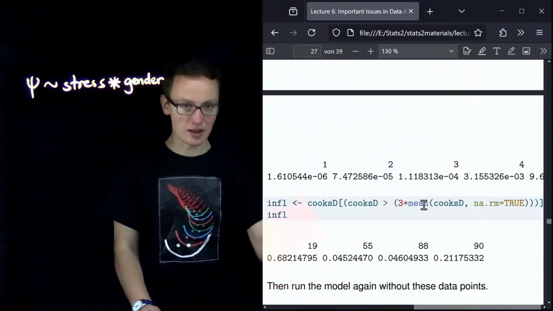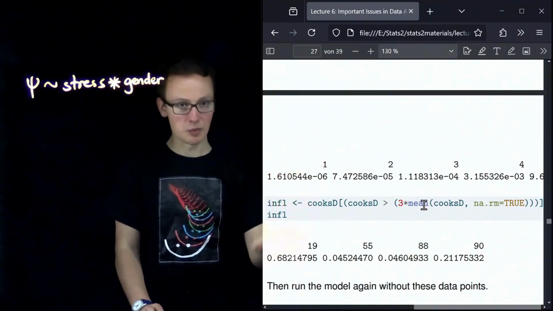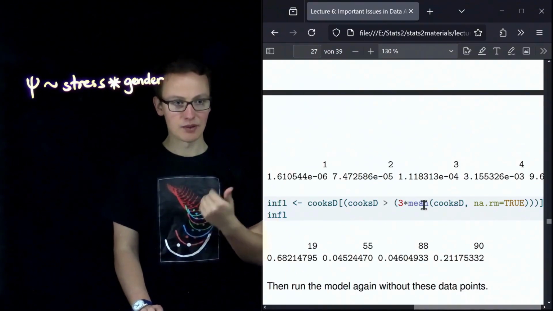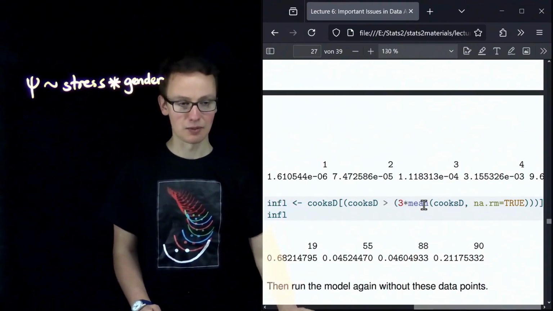Cook's distance can only ever be positive, and now we want to see which data points have a Cook's distance higher than 3 times the average.